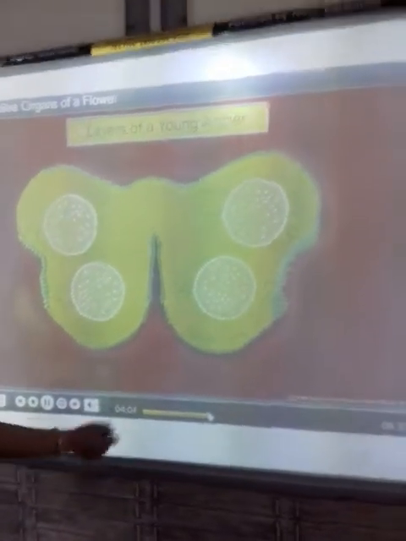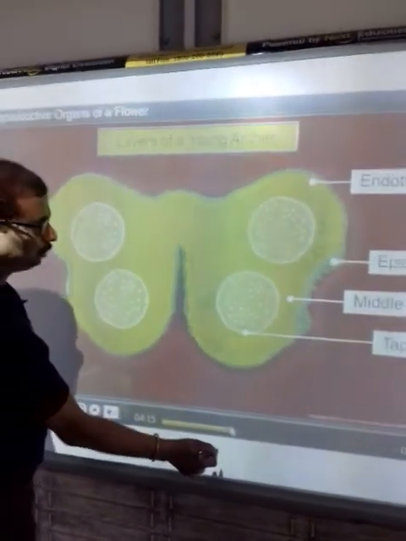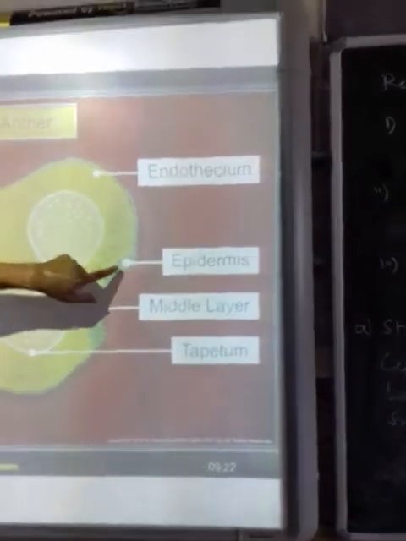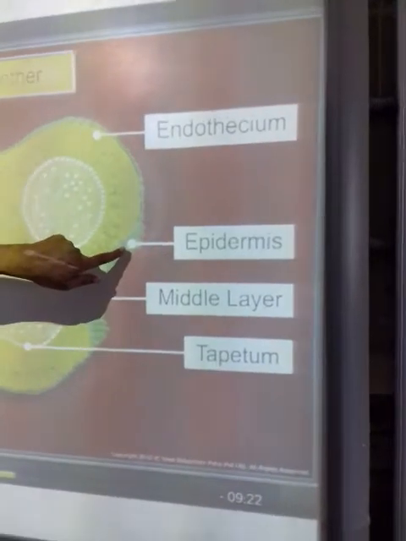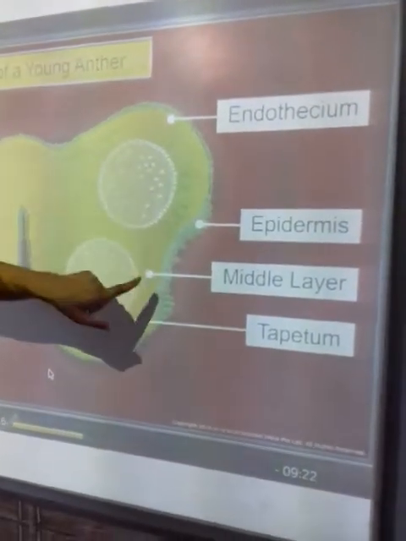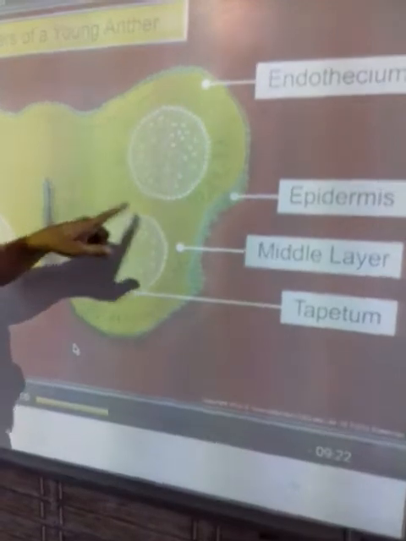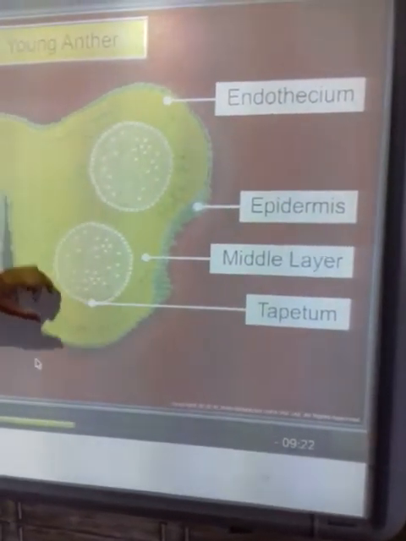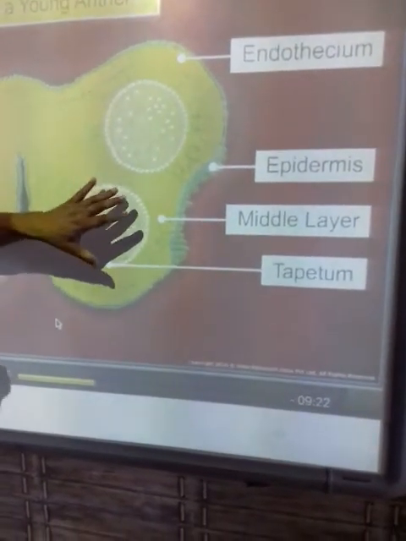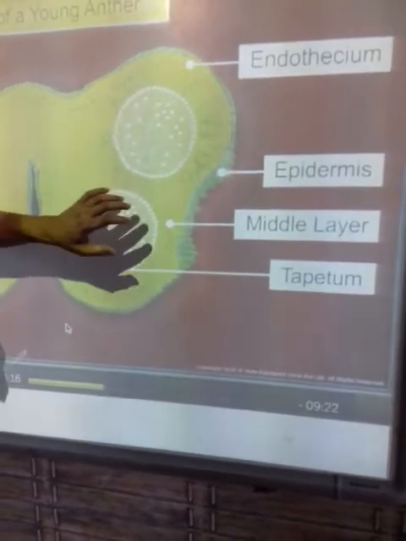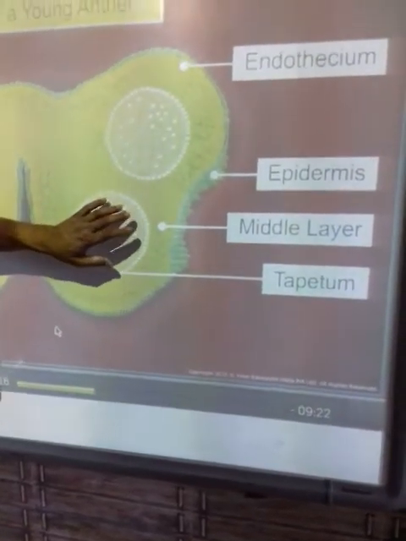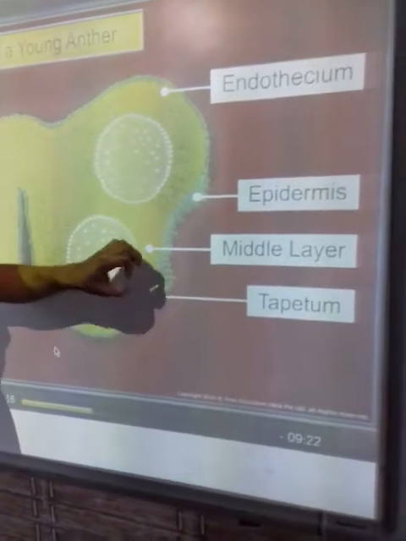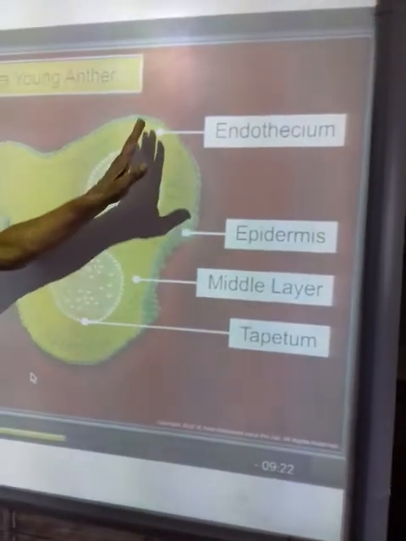You can see here, this is the layer of the young anther lobe, and here it develops into the epidermis, the endothecium, there is a middle layer, and this is the tapetum. The tapetum is the layer of cells surrounding the microsporangium, inside which you have the pollen grains, which undergo meiosis. The middle layer usually degenerates, the epidermis remains.